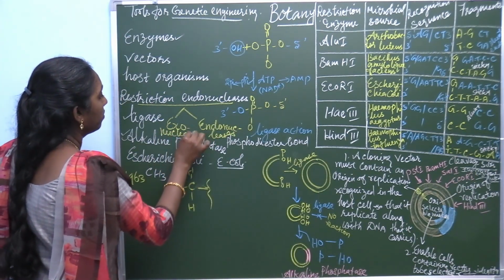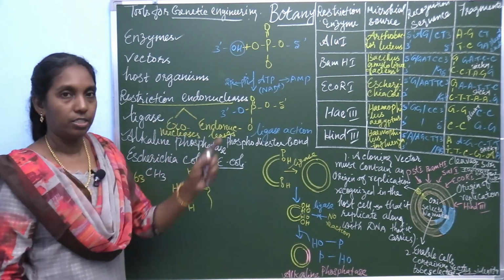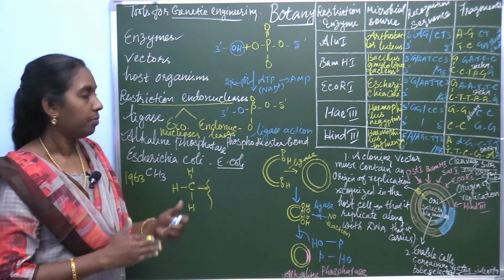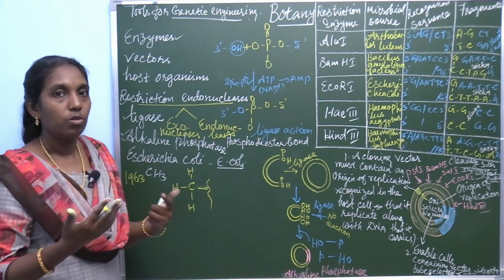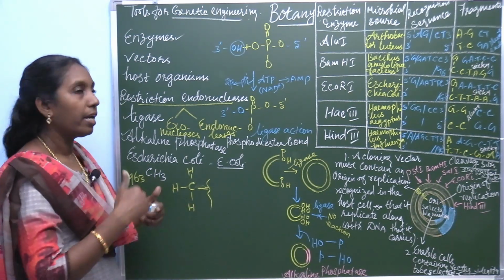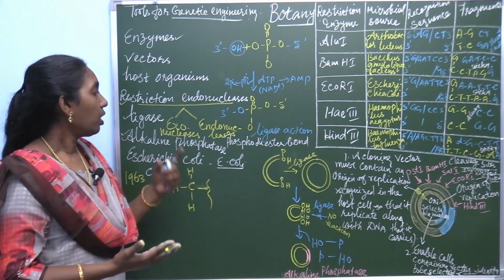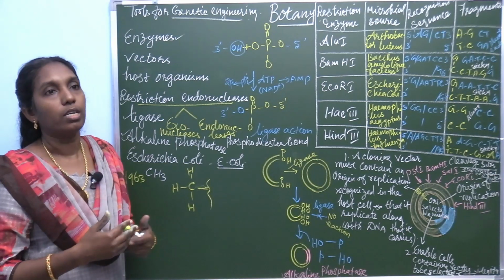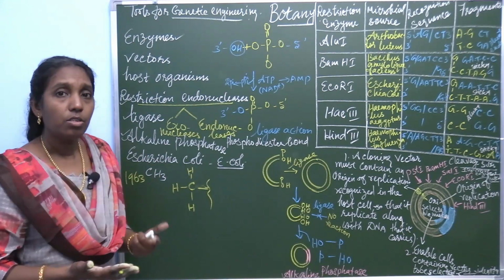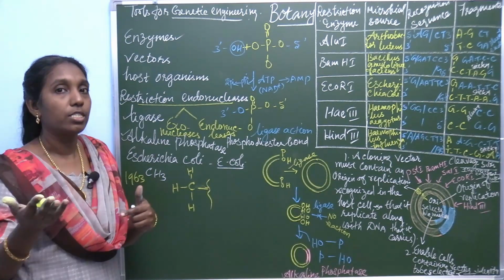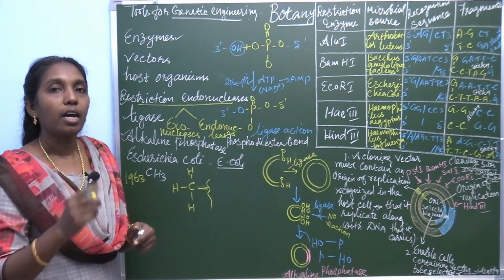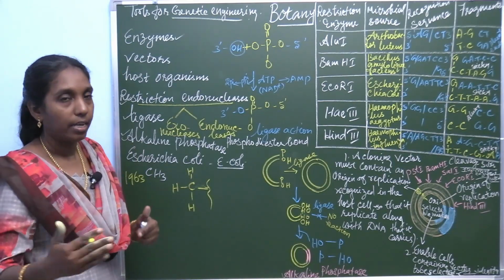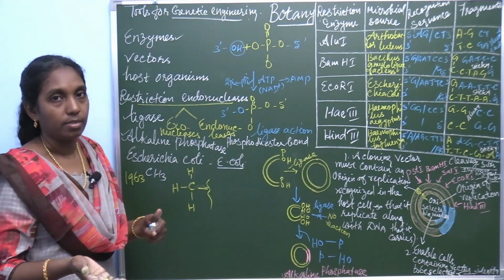As you know the meaning of exo and endo, exo means outside. Exonucleases cut the DNA at one end, at the end of any one of the DNA sequences.